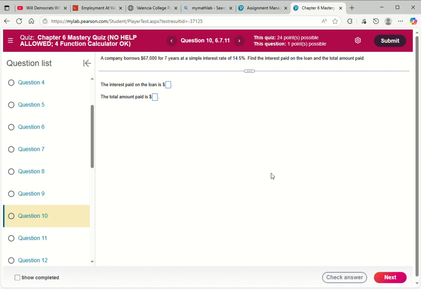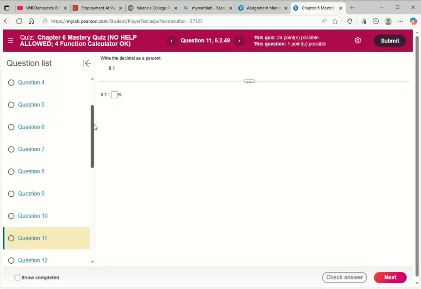Question number 10 says a company borrows $67,000 for 7 years at a simple interest rate of 14.5%. Find the interest paid on the loan and the total amount paid.